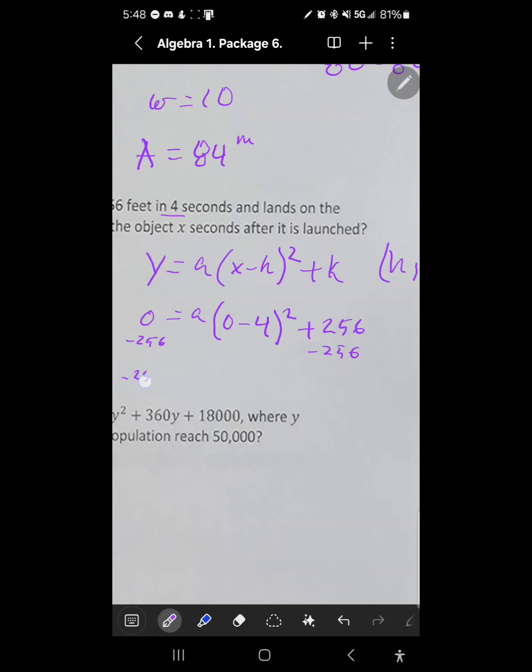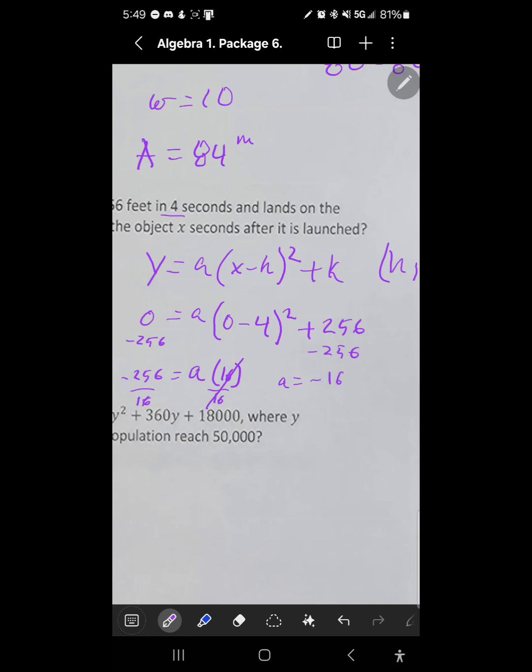So we get that negative 256 equal a times negative 4 squared, which is just 16. So then we can divide by 16 on both sides. Divide by positive 16. This cancels out. Negative 256 divided by 16 is just going to be negative 16.